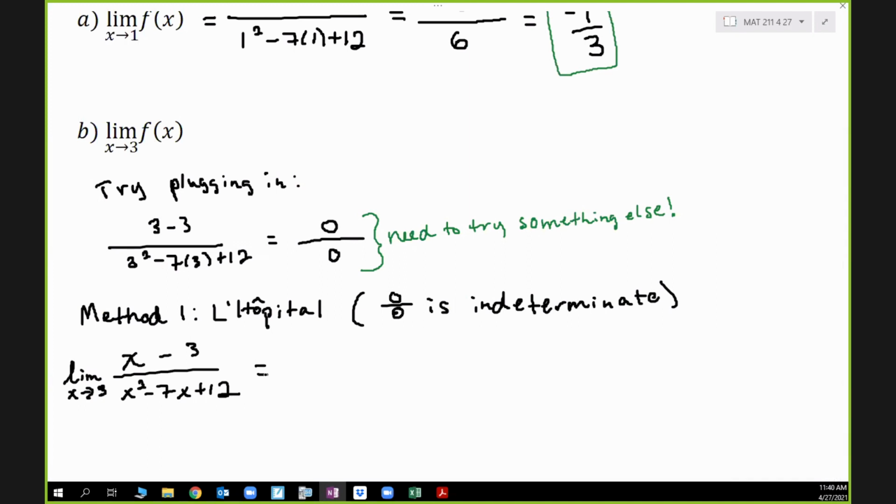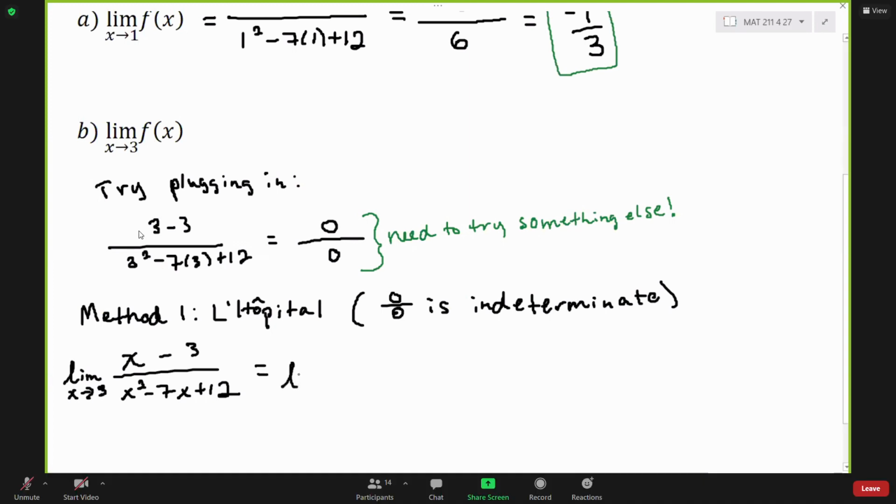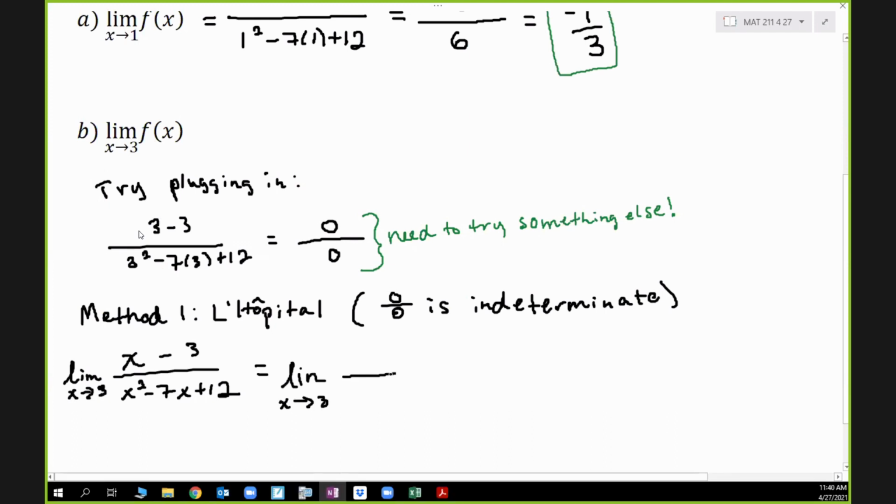Of the equation, I think. Not quite. We wouldn't want to do the derivative of the whole thing together. Is it just of the bottom? Partly. So we would do the derivative of the bottom, which would be 2x minus 7.